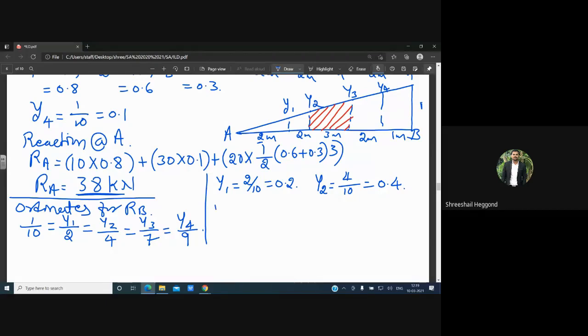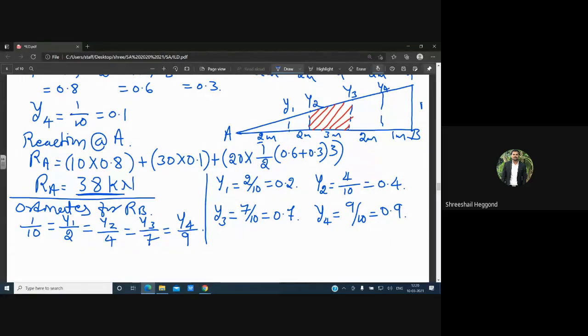Next is y3. y3 is 7 divided by 10, that is 0.7 you can write. And y4, 9 divided by 10, that is 0.9.